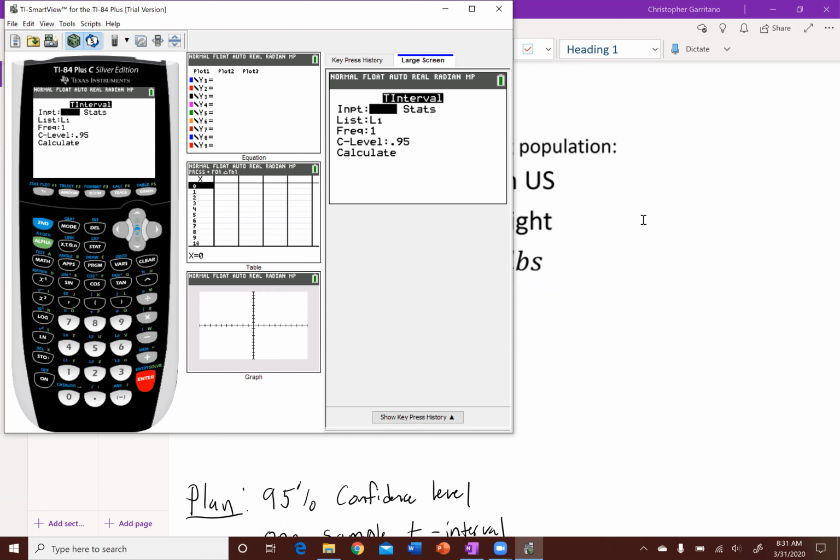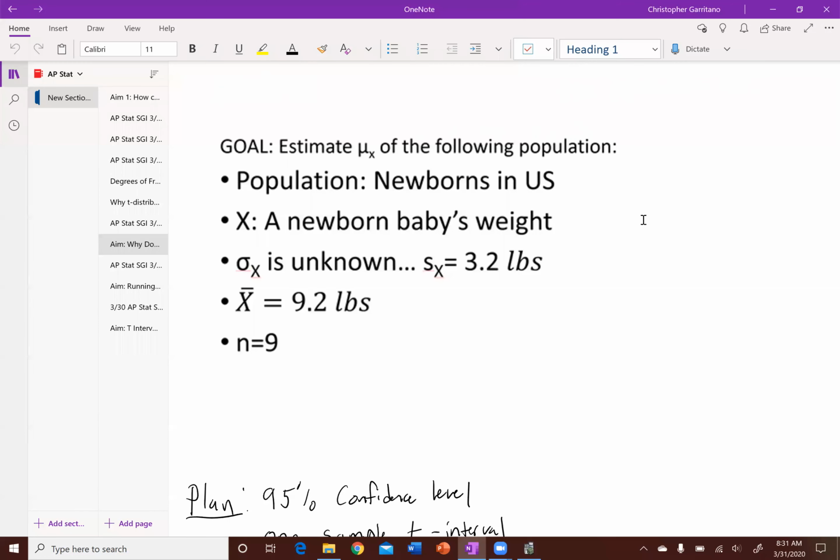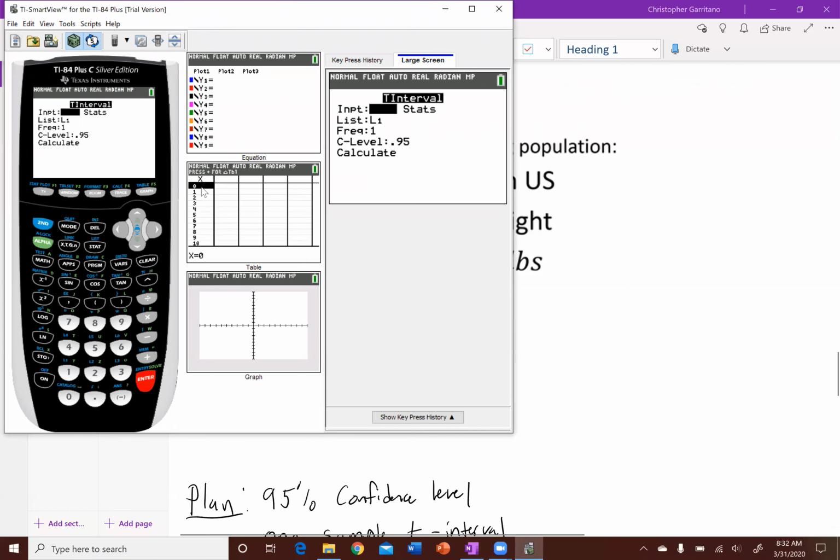We actually don't have individual data values, so we can't use that option. But what we do have are the summary statistics. We're given that the sample mean is 9.2 pounds and the sample standard deviation is 3.2 pounds. So that's the second option that you see for input. If you scroll over to stats, hit enter, we can input those summary statistics.